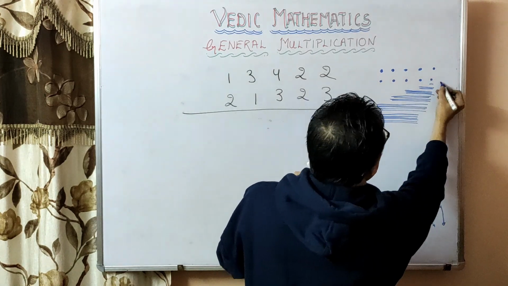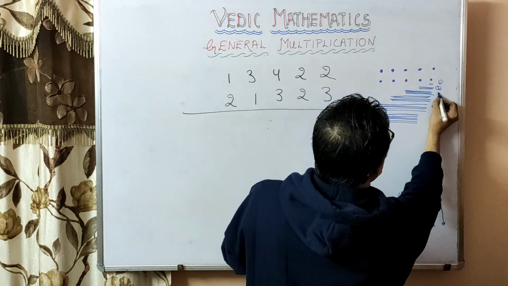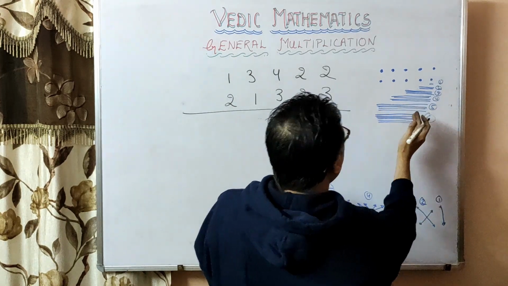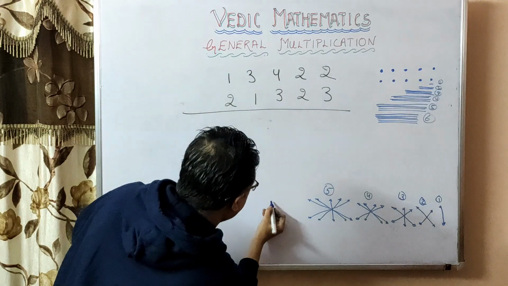This is step 6: first, second, third step, fourth step, fifth, and then sixth. Remove this, so the sixth step will be like this.